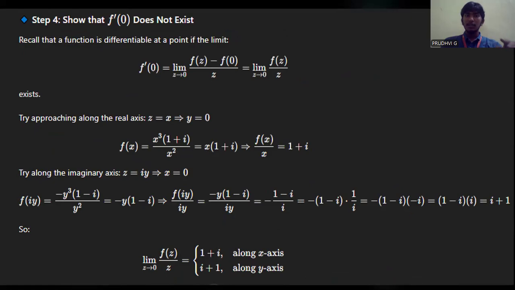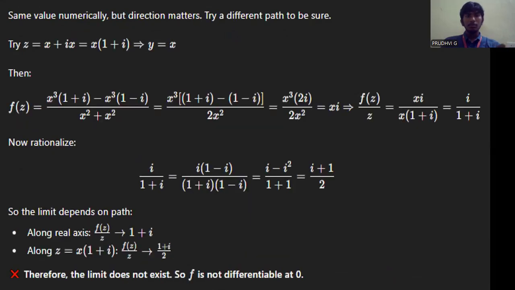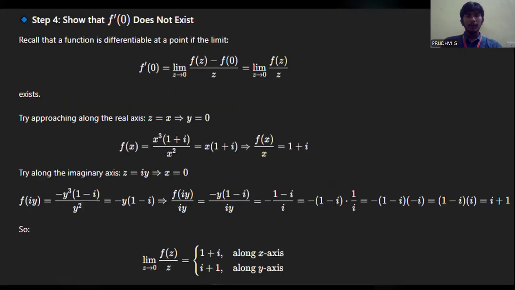On differentiating that, by using the limit as z tends to 0, when it approaches along the real axis, z equals x and y equals 0, f of x is equal to x cube into 1 plus iota by x square, which we got as 1 plus iota.